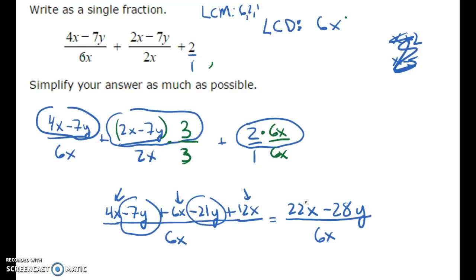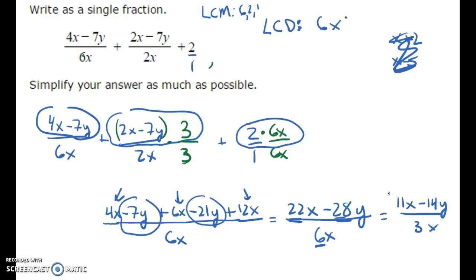But if you can't divide it from everybody, then don't divide it from anybody. So I'm looking at a 22, a 28, and a 6. I'm treating the coefficients as separate things. I notice those are all even numbers, so I can divide each part by 2. So 22x becomes 11x, 28y becomes 14y, all over 3x.